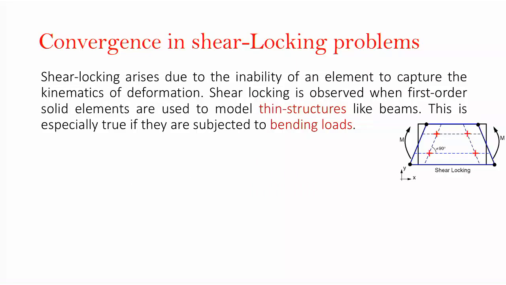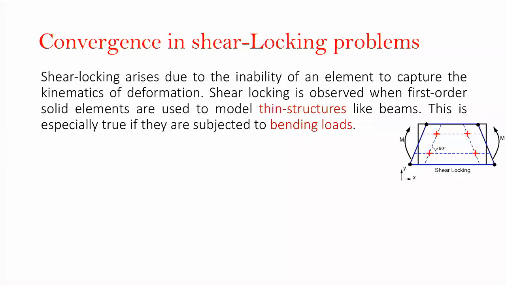The next situation which is pretty challenging in FEA is shear locking problems. Whenever we have thin structures like a beam and we are applying pure bending onto the beam, in some situations this would be the final deformed shape of the element.